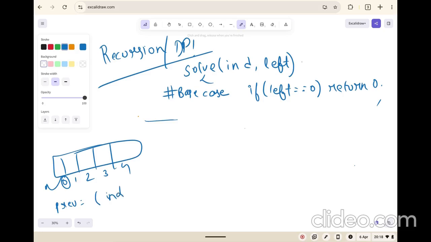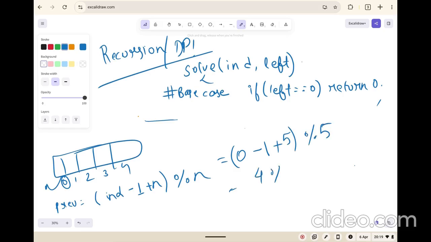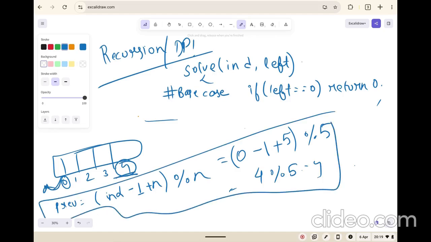If you are at index i, then it is (i - 1 + n) modulo n. Look at how this works: if you are at index 0, you do 0 minus 1 plus the size of the array, 5, modulo 5. So it becomes 4 modulo 5, which is 4. And if you look closely at the problem, 4 is the previous element. So this is the way we can find the previous.